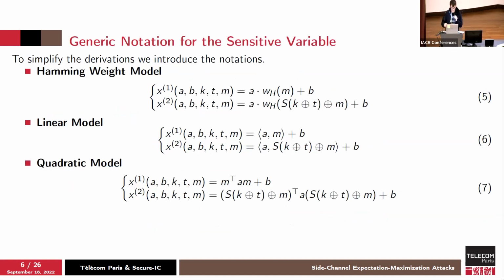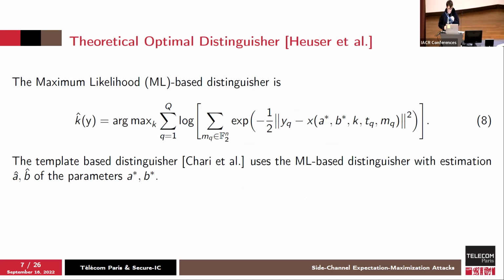And to keep all the derivations under the same hood, we'll denote all the intermediate values this way, so that we only specify the leakage model when it is necessary. As I said, the most effective distinguisher was shown to be the maximum likelihood, where you just take the key that maximizes the likelihood of your model, where you know the parameters A star and B star, the real parameters.